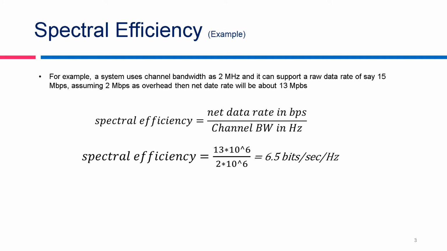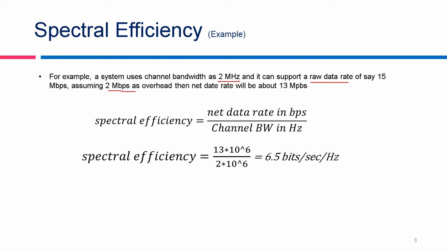Let's take an example to calculate the spectral efficiency using the formula we discussed in the previous slide. In this example, I have taken a channel bandwidth of 2 megahertz, and it can support a raw data rate of say 15 Mbps.